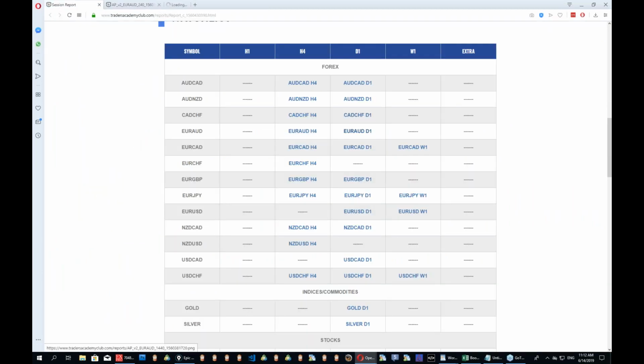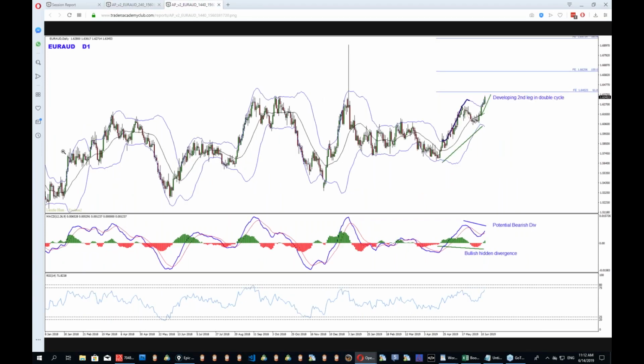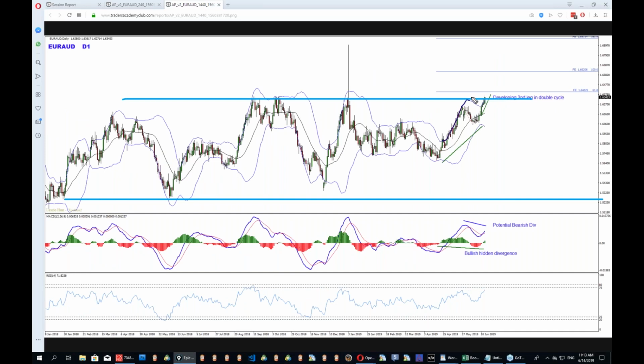Euro Aussie. Now this one, in my opinion, is a very rare opportunity. Why? Because we're talking about the weekly, daily, and 4-hour charts, all of them starting to point at the exact same place and in the exact same direction.